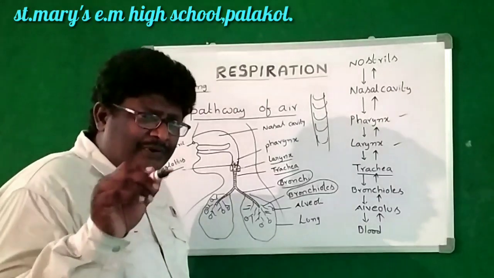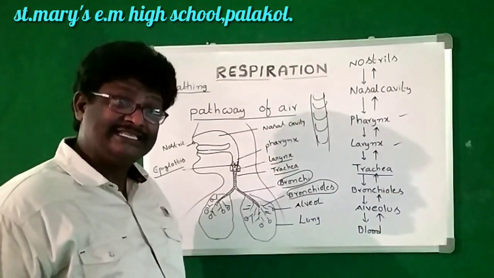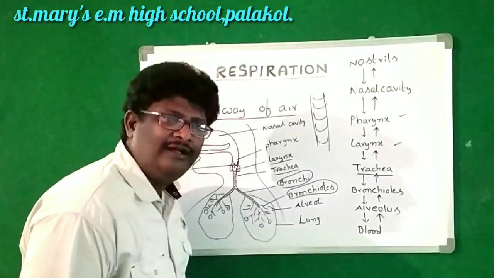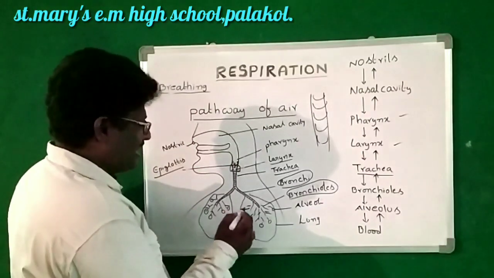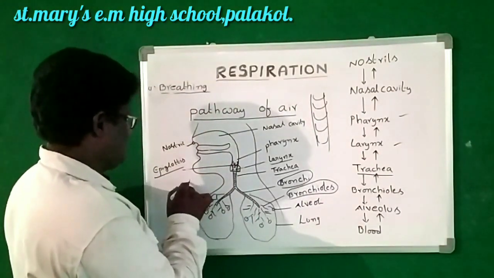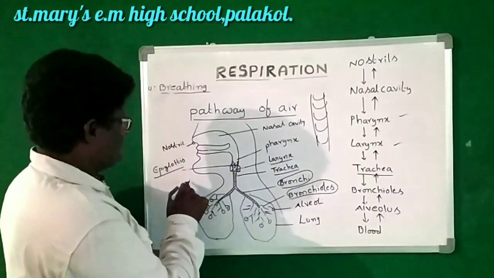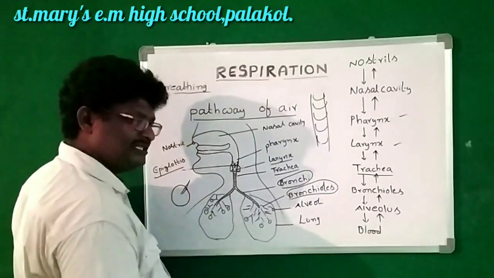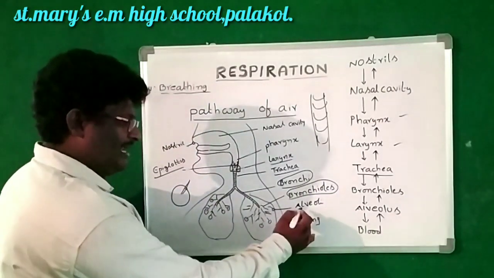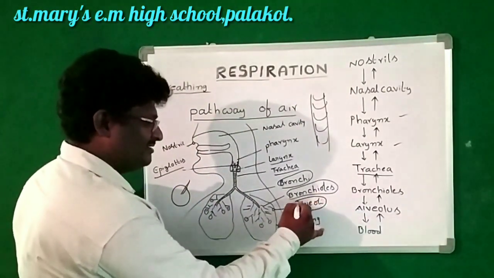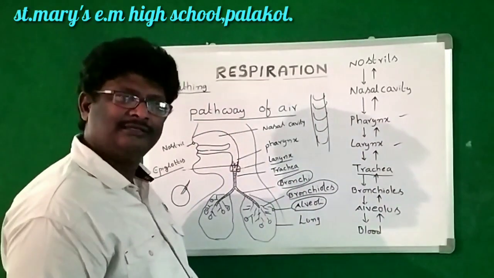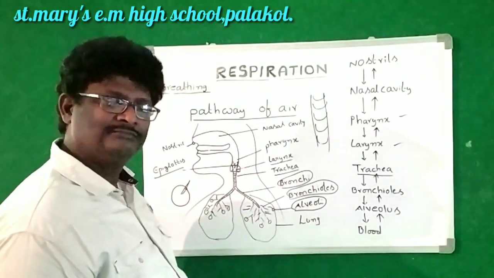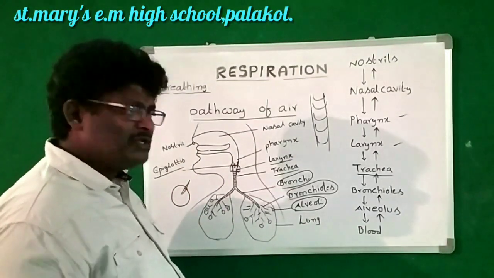Each bronchiole enters a sac-like structure in the lung, which is called an alveolus.